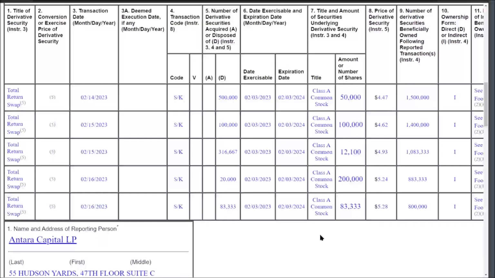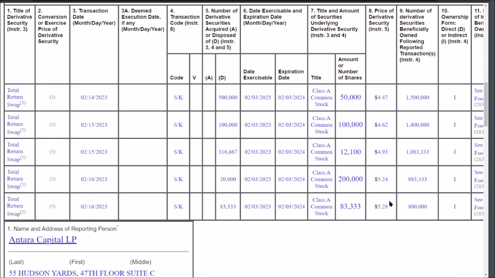All right, so as you could see here, they close out a portion at a time. Okay, at the end of it, they still have 800,000 shares left. Okay, so it's safe to say, and of course, look, they sell it at different price points.